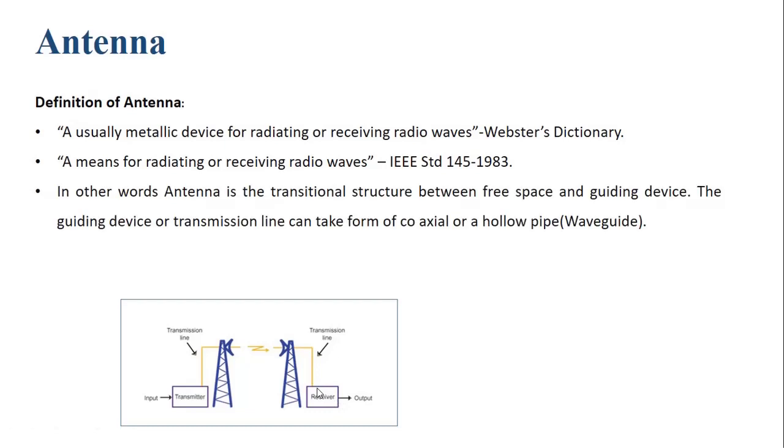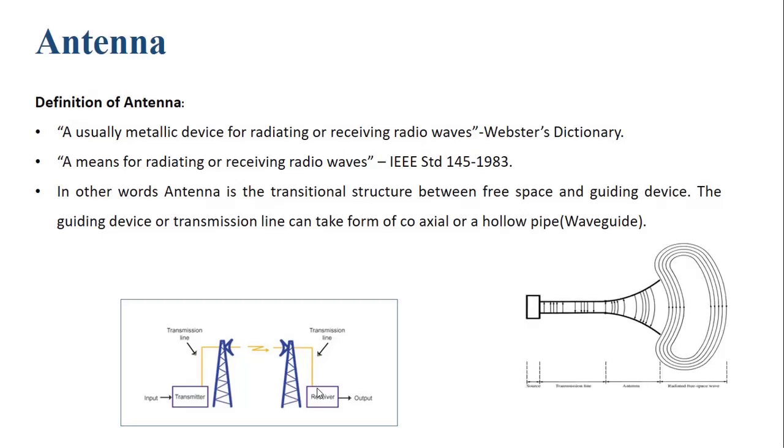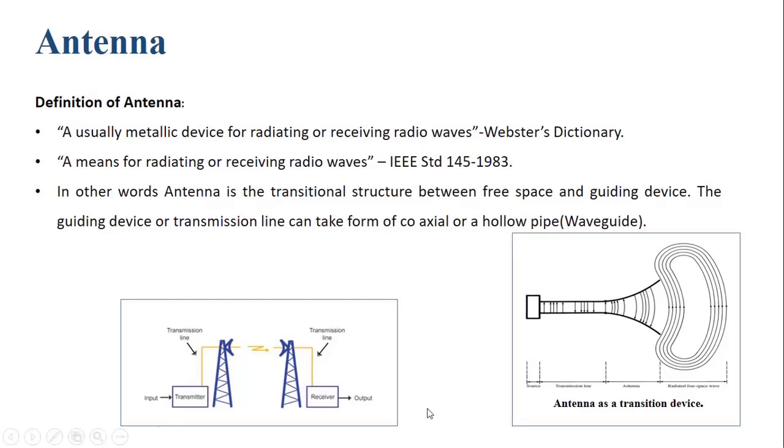In other words, this antenna is defined as a transitional structure between the free space and the guiding device. So we will see antenna as a transition device. Here you can see this is the source which is generating the signal that is to be transmitted.